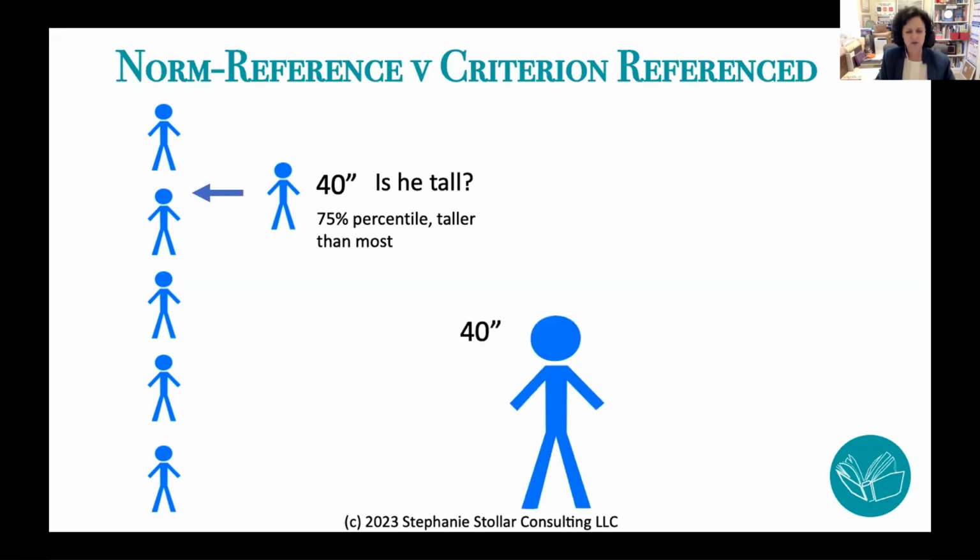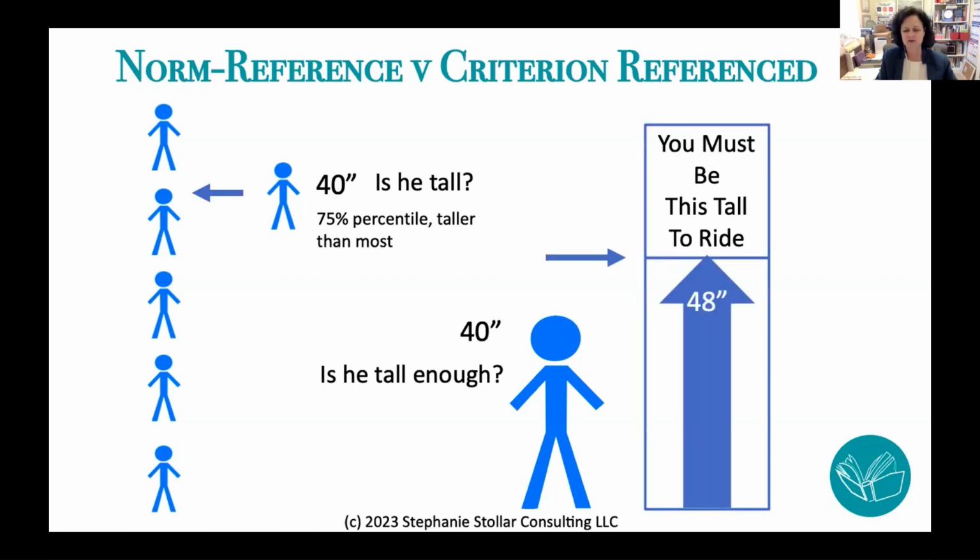So a criterion referenced way of interpreting height, for example, would be to ask, is that same 40-inch tall student tall enough for something like riding a roller coaster at an amusement park, right? You've all seen those signs that say you must be this tall to ride. And if the criterion is 48 inches, this child's not getting on the roller coaster, even though compared to other students his age, he's at the 75th percentile.